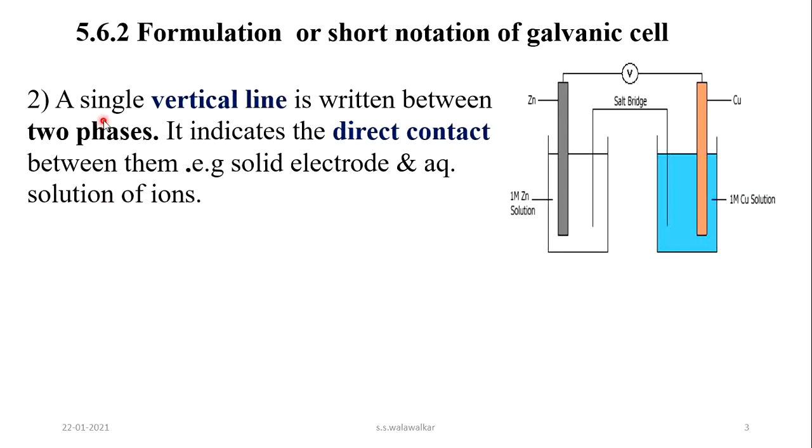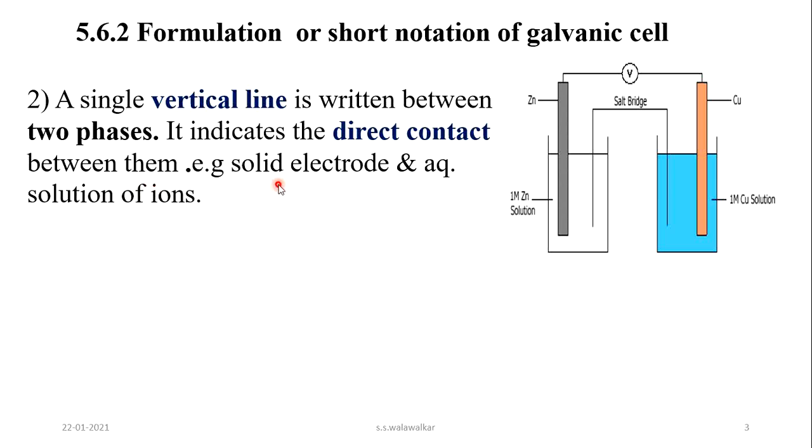Then second convention, that is a single vertical line is written between two phases, that is solid and liquid phase, or solid and gas phase, or liquid and gas phase. So single vertical line is written between two phases and indicates the direct contact between them.